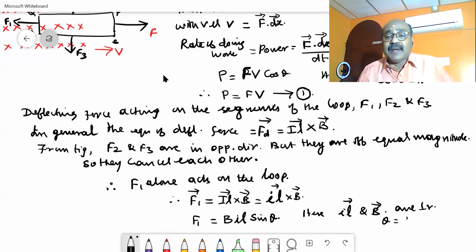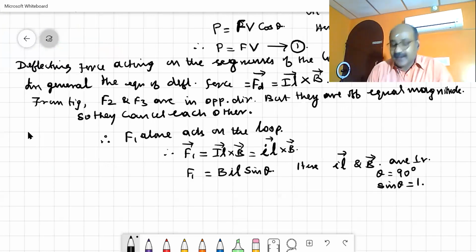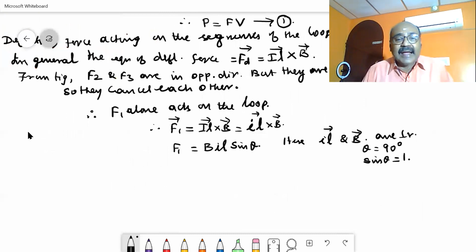So theta becomes 90, and sin theta is equal to 1. Substituting this in the equation, we get F1 is equal to B into I into L. Take this as equation number 2.